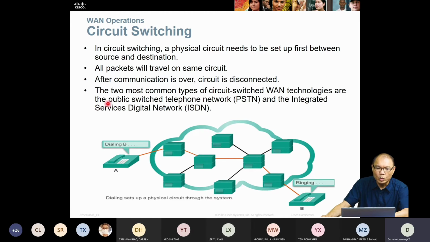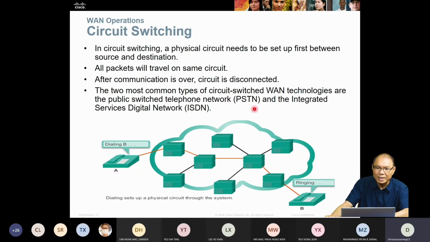Two of the most common types of circuit switching, wide area network switching technology, that you can find today are first the public switched telephone network, which we call the PSTN. When you want to make a call, you must have a pathway between the source and the destination. Then once you finish making a call, you hang up, and the circuit is disconnected. This is circuit switching.